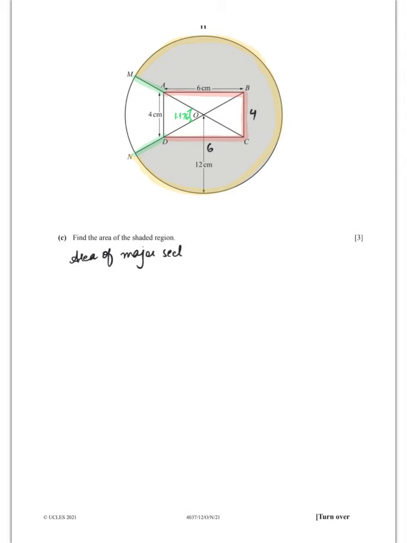We have all the necessary dimensions to find it. The working formula is 1 over 2 r squared theta, right? So we have 1 over 2, the radius is given in the question, that is 12 squared, and theta we found in the previous question, that is 5.108, which we found by using 2 pi minus 1.176, right?